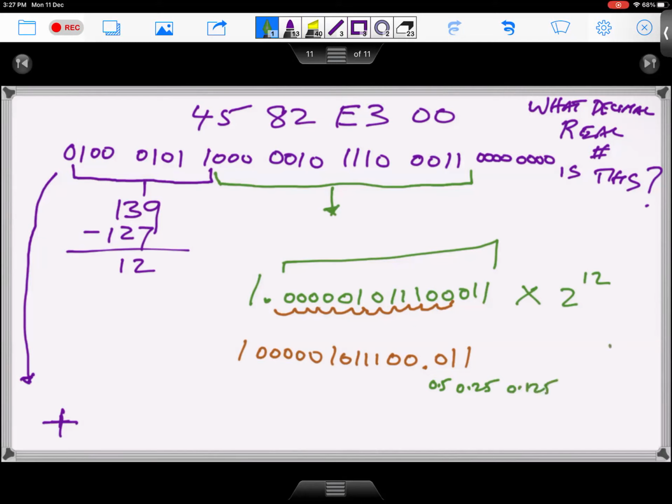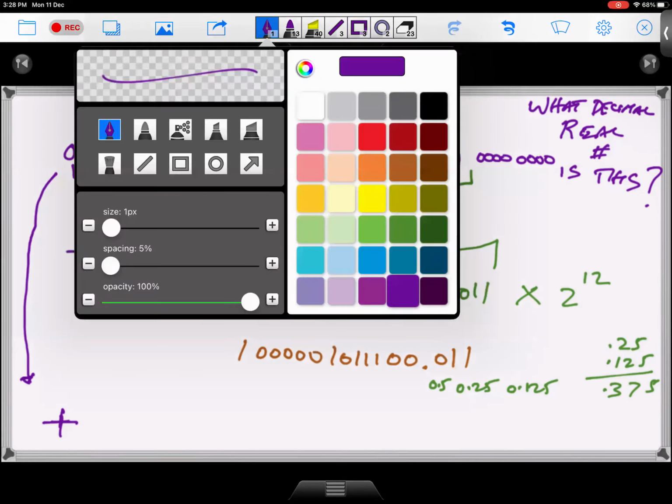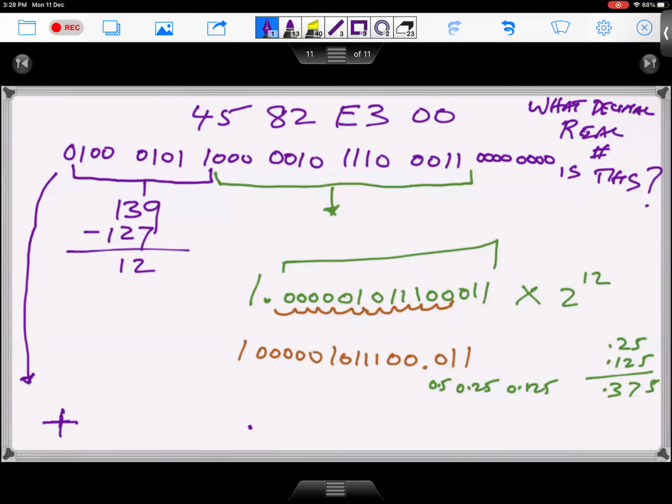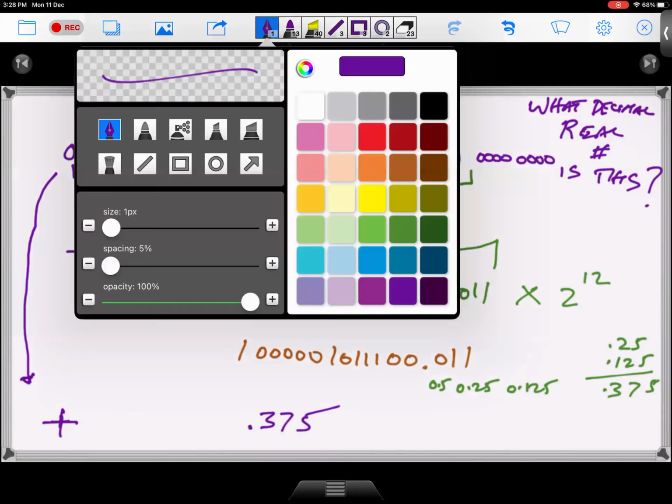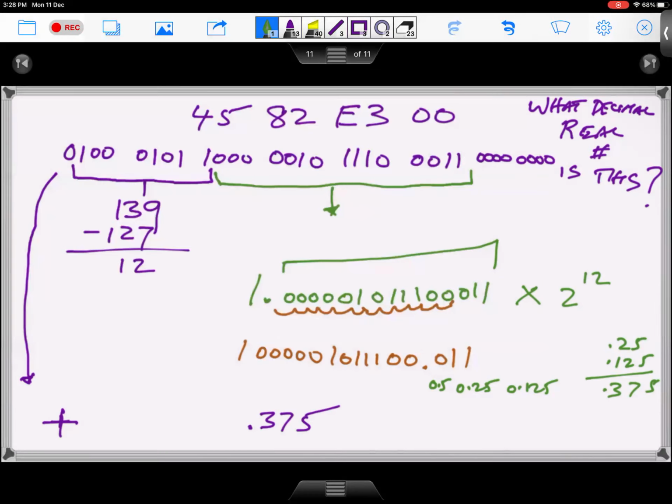So you go 0.25 plus 0.125 gives us 0.375, doesn't it? So whatever number you get out, it's going to have a 0.375 after it. Right? What about the other way now?